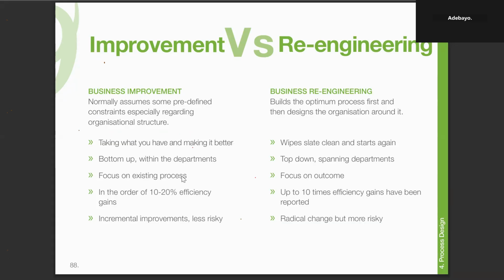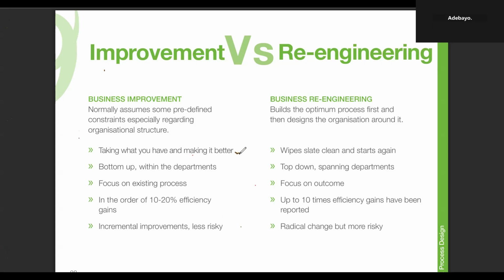There's a supervisor that just looks at it and passes it on to the head of department. So that particular supervisor, we are going to cut that person out of the entire process. We'll optimize the process and take what we currently have and make it better.